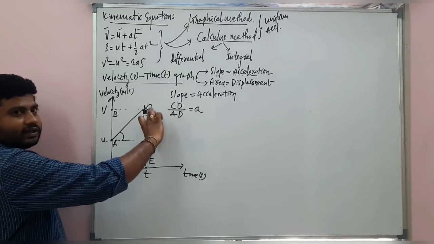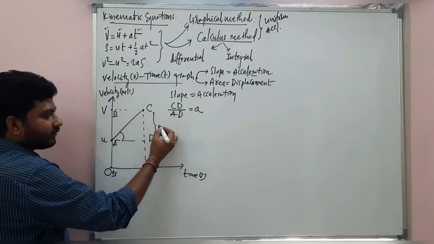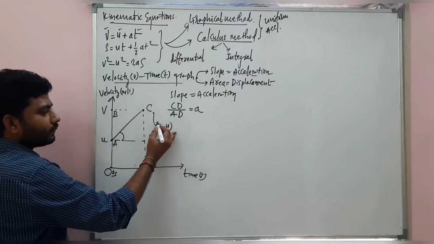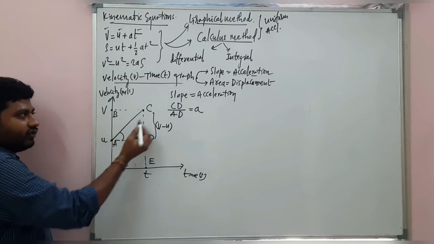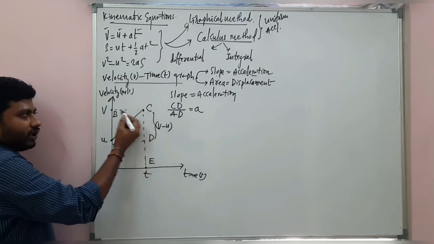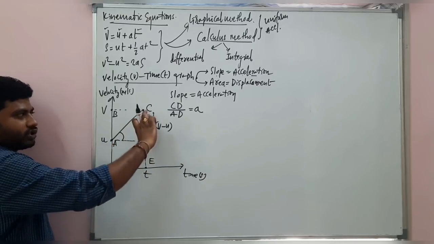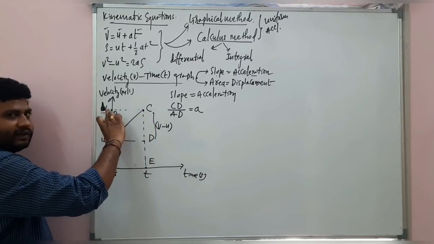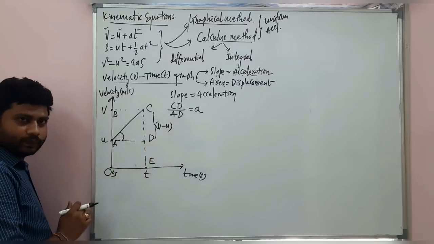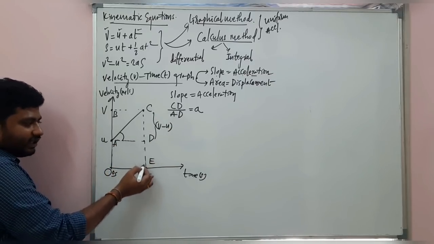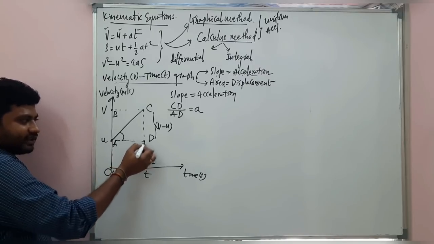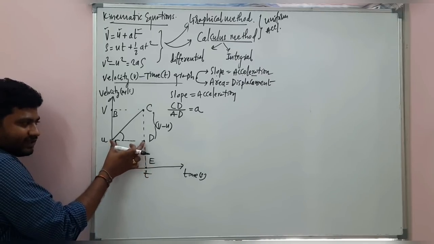What is CD here? This interval, can I say it is V minus U? Why? This is V and this is U. We need CD, so this part is the interval between these two points. It's V minus U. And AD: A is 0 seconds and D is T seconds. So what is this interval?